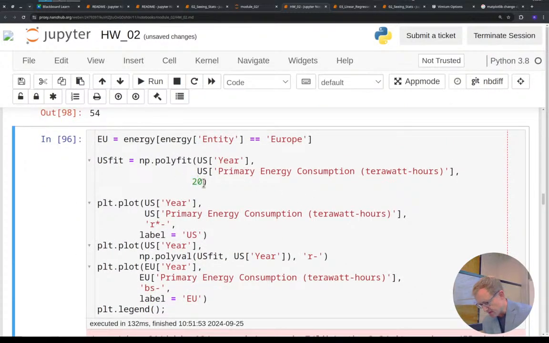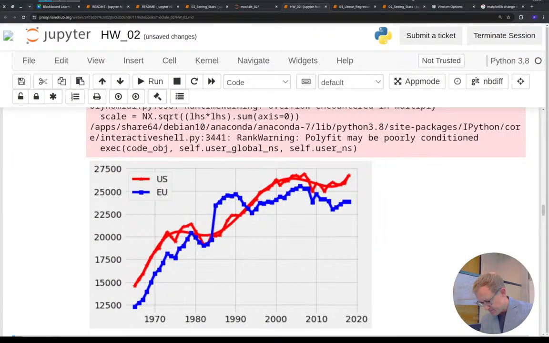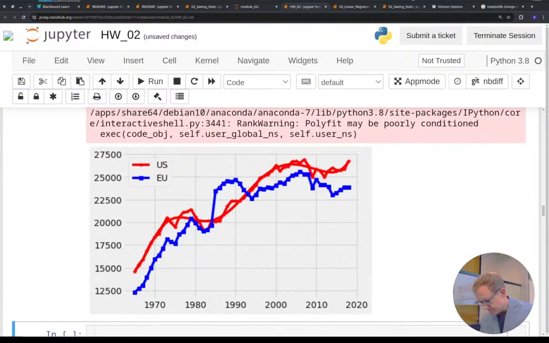Okay, so technically we should be able to fit a 53rd order. If we have 54 data points, then there are 54 constants that we could solve for. One of them is year to the 0. And it's giving me warnings, but it's showing me gold.